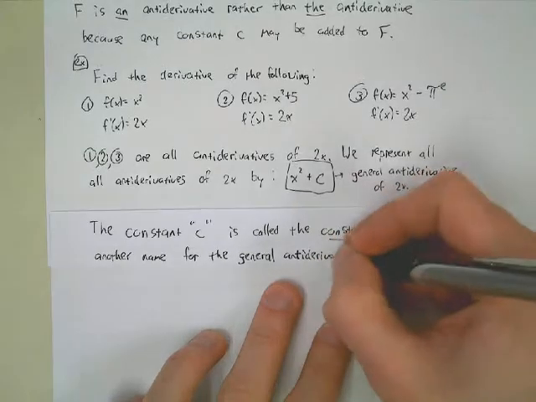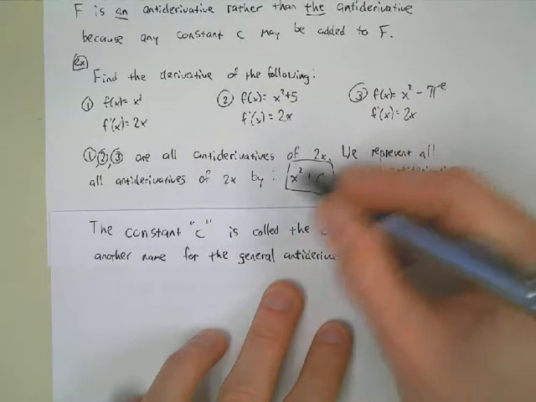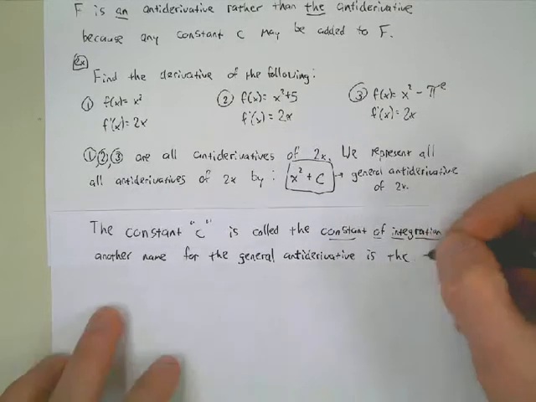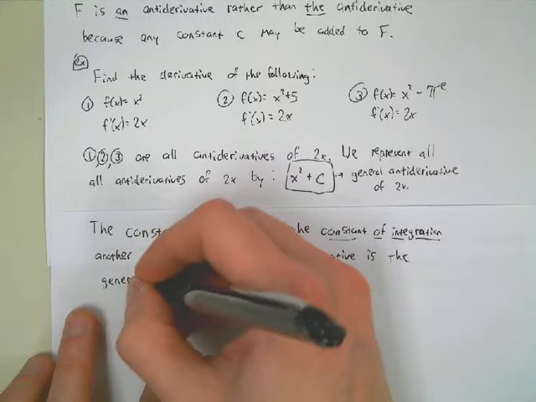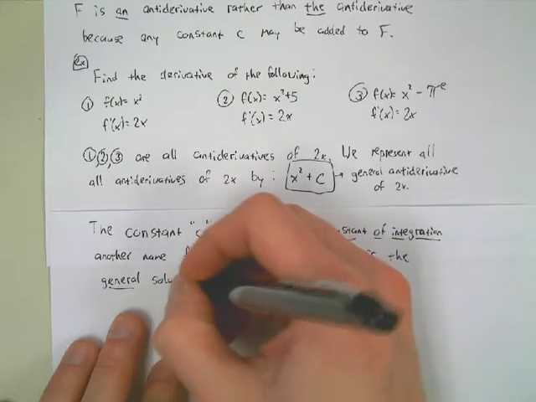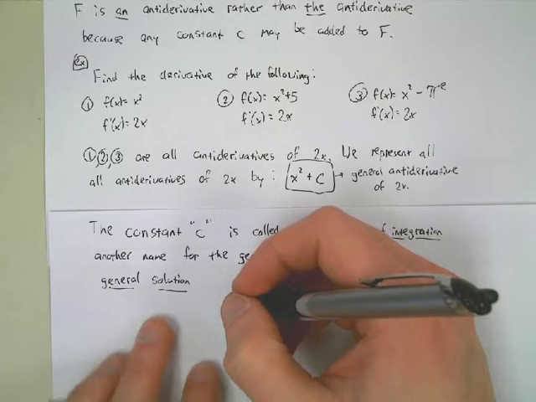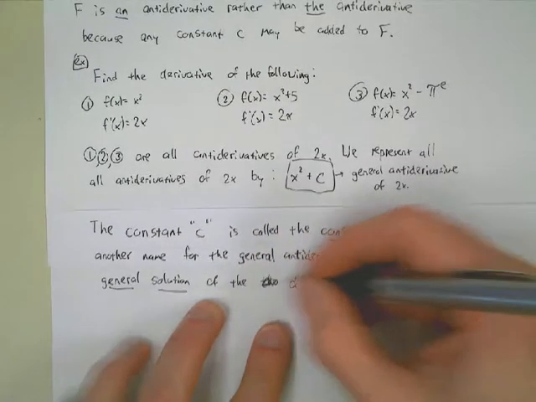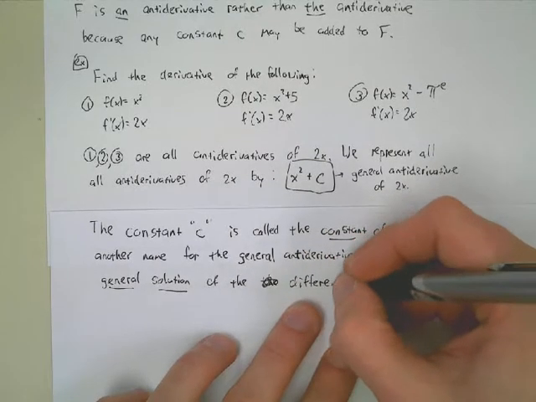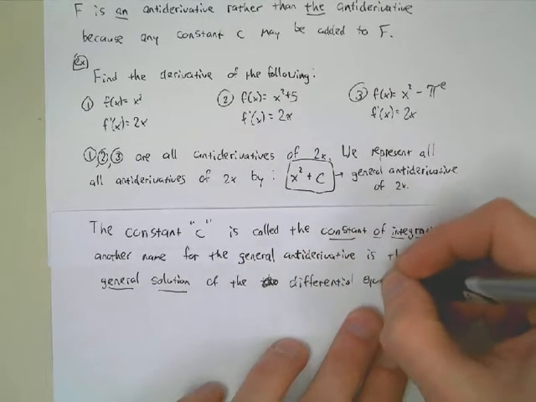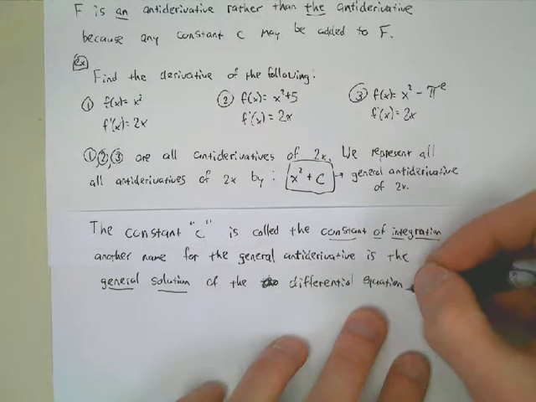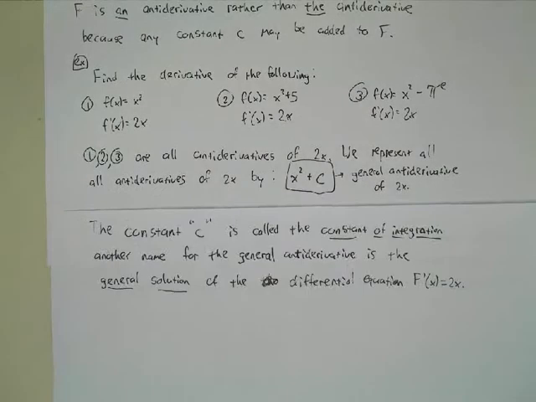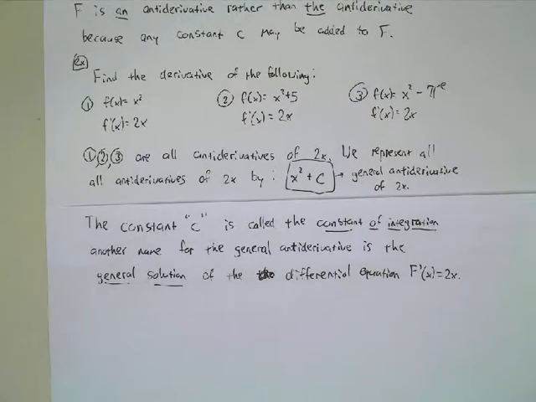Besides calling this thing, x squared plus c in this case, the general antiderivative, it is also the general solution of the differential equation f prime of x equal to 2x. A differential equation. And we'll look more at differential equations later.